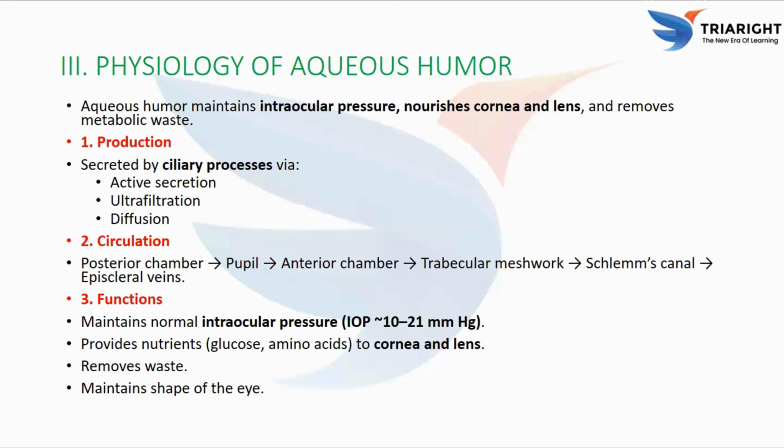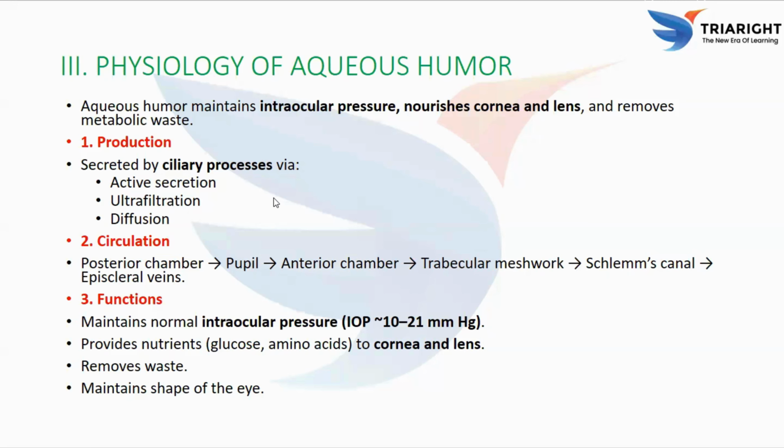So the first step is production of the aqueous humor. Aqueous humor is produced by the ciliary process, which is a part of the ciliary body, using three mechanisms. The first one is active secretion. This is the most important, covering around 80 to 90%. It uses ATP and ion pumps, namely sodium potassium pumps, and carbonic anhydrase.